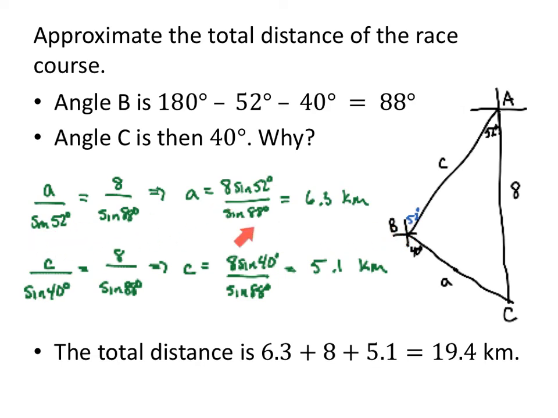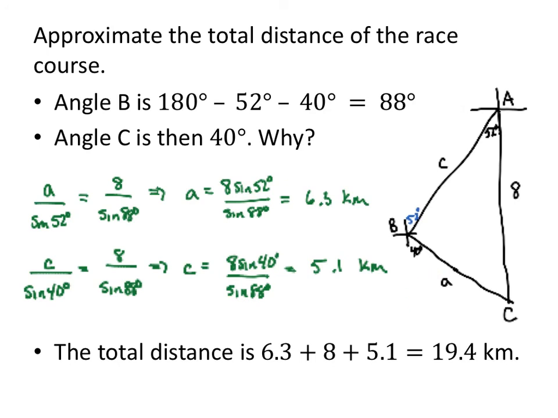Multiply both sides by the sine of 52 and I find that a is 6.3 kilometers. Side c: c over the sine of 40 degrees equals 8 over the sine of 88 degrees. c equals 8 sine of 40 degrees over the sine of 88 degrees, which is 5.1 kilometers.